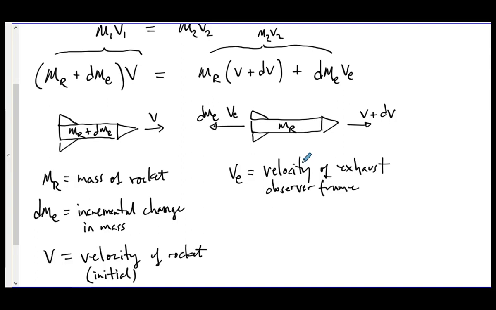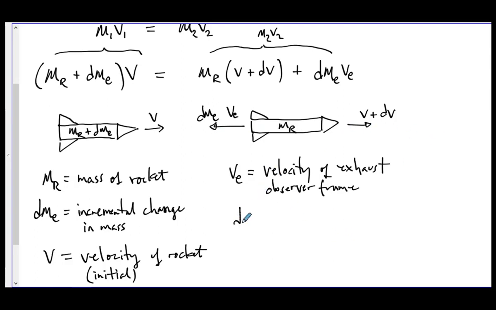So it's from the point of view of an observer that is outside of the rocket, watching that exhaust move. It is the change in the position over time of that exhaust. It's the velocity of that exhaust. It would be in the opposite direction. For example, we'll say that's negative, whereas this velocity is positive.